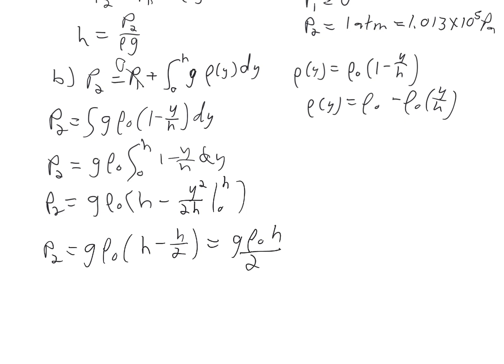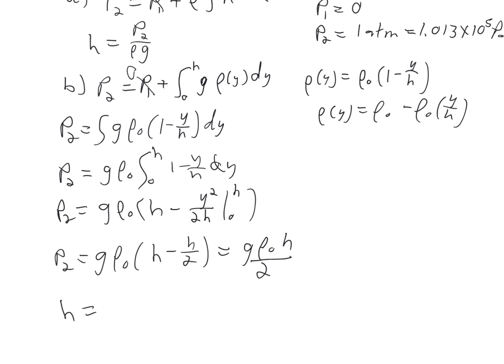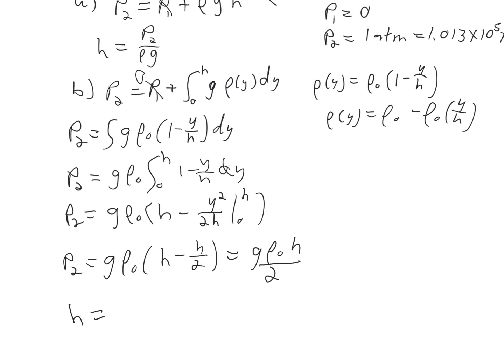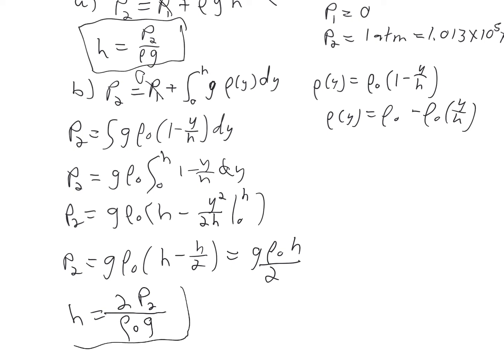And so then you can solve, and your h just becomes equal to 2 times your P2, which is the atmospheric pressure, over rho initial times G. And if you notice, since it's a linear decay, that ends up being exactly double what it would have been otherwise. So I kind of solved the whole thing for you, but you still have to plug in your numbers.